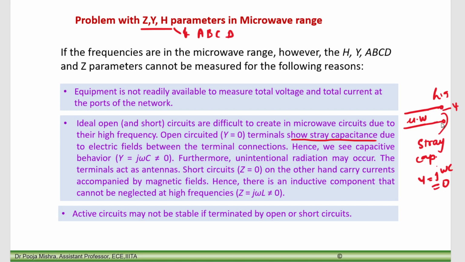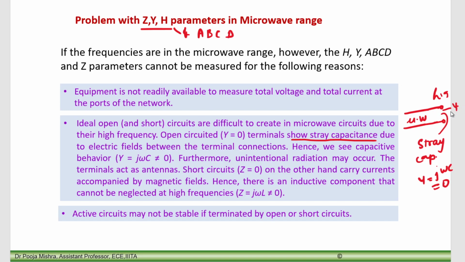So if it is not zero, certain impedance may appear over here, meaning this may act as an antenna. Some power may leak through these ports because of its open circuit behavior and the capacitance here, so power may leak through here and it may act as an antenna.